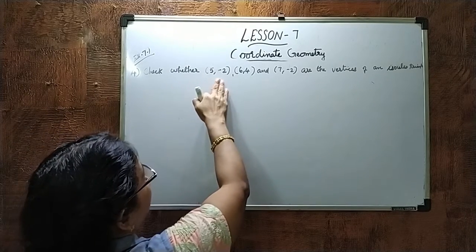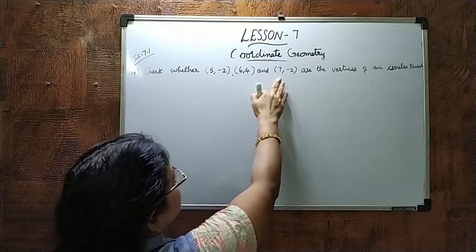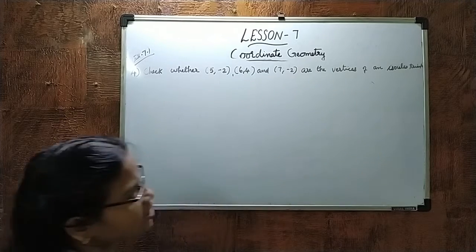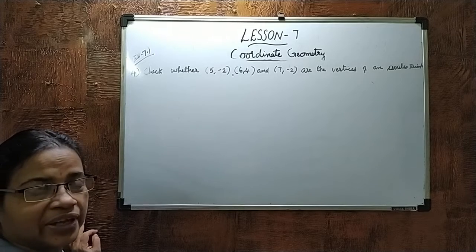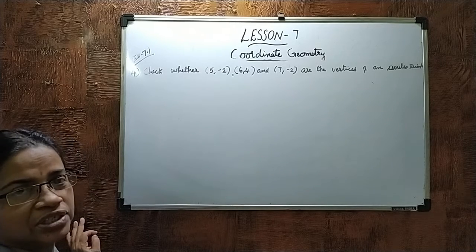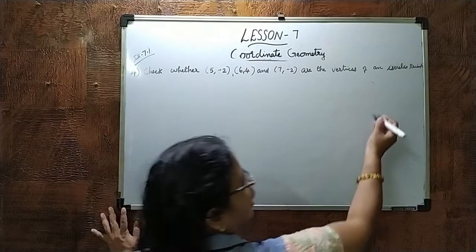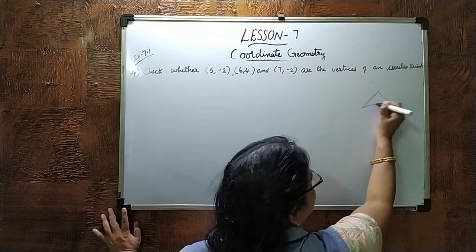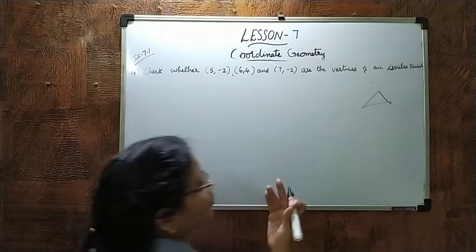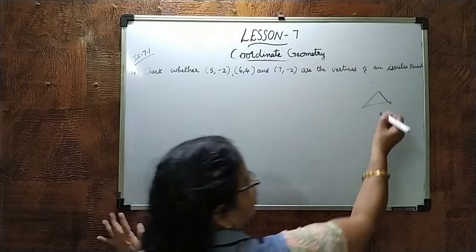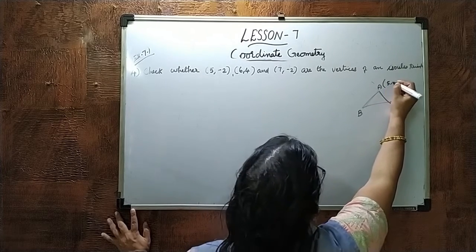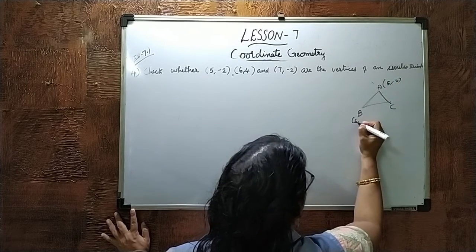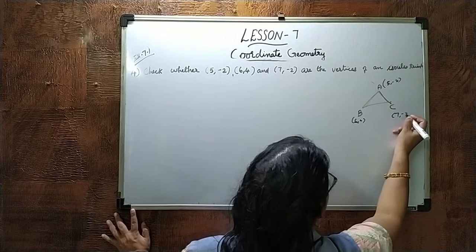Check whether (5, negative 2), (6, 4) and (7, negative 2) are the vertices of an isosceles triangle. So they had given you 3 coordinates, means 3 points, and you have to find out whether the points are the vertices of an isosceles triangle. Here it is A, B, C, means here A is (5, negative 2), B is (6, 4) and C is (7, negative 2).